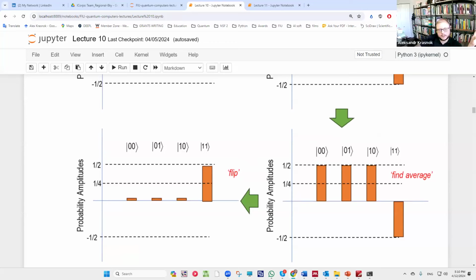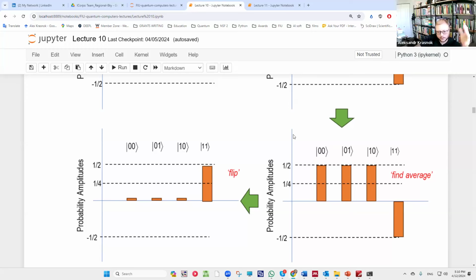Then we apply another operator, which is the amplifier. The purpose of this amplifier is to amplify the probability amplitude of the element of our interest.